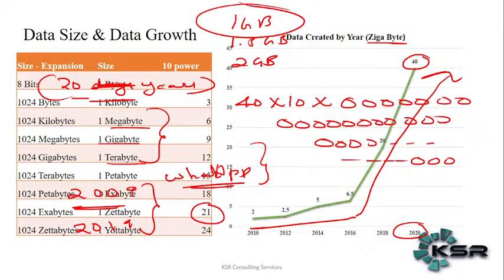One way to stop this data growth is that people should stop using the internet, people should stop using smartphones, and they should go back to the old manner of using a landline phone. Do you think that will work? Never. That will never be possible. In fact, the data can never be brought down.